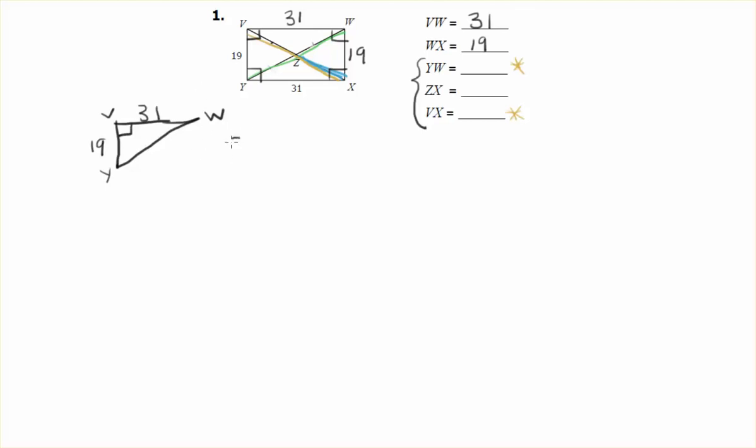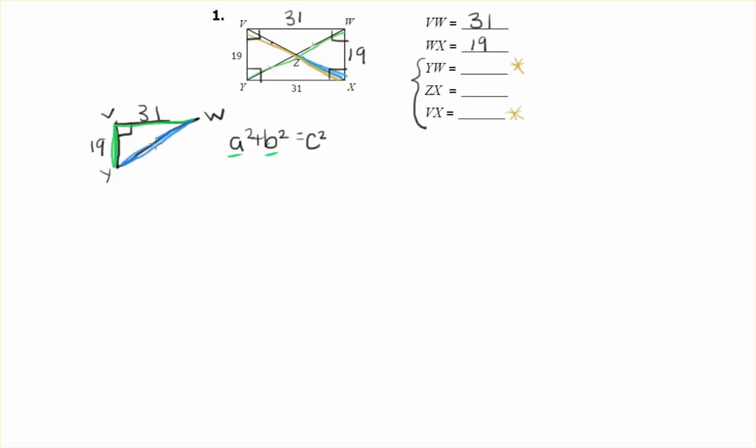The Pythagorean theorem is a squared plus b squared equals c squared, and a and b represent the legs of your triangle, and then c is your hypotenuse.